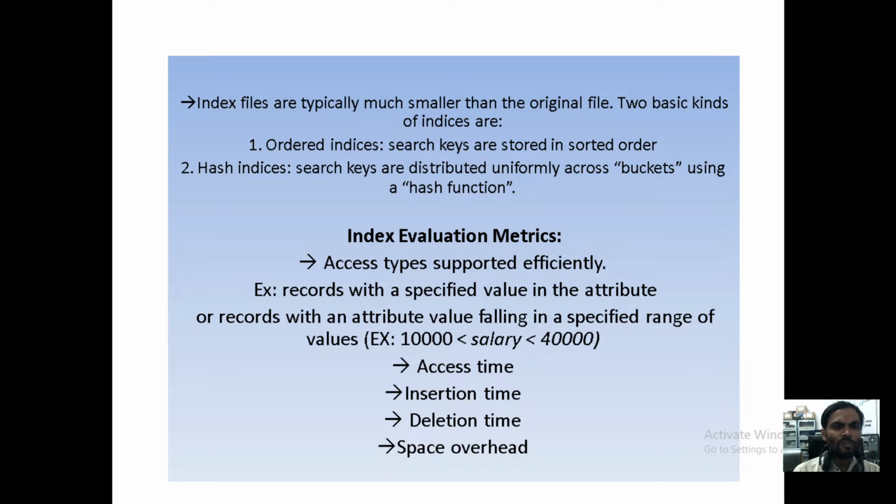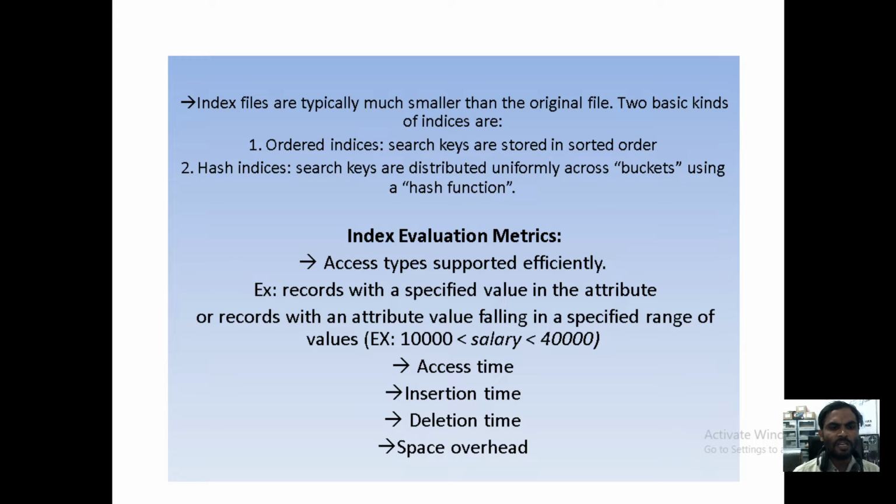Now, under the evaluation of indices, we look at how you access data efficiently. If you want to access a record, a specific value of the attribute is available. Suppose you want records with an attribute value in a specific range.